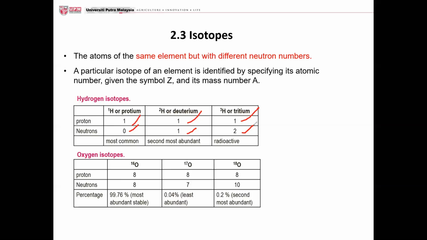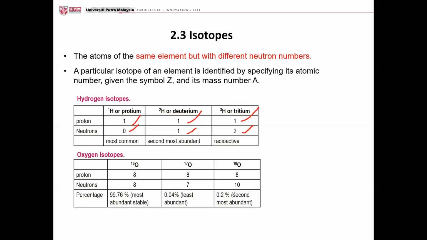And for oxygen-18, it has 10 neutrons. The percentage abundance for each isotope you can refer to here. The most abundant is 99.76%, the least abundant is 0.04%, and the second most abundant is 0.2%.